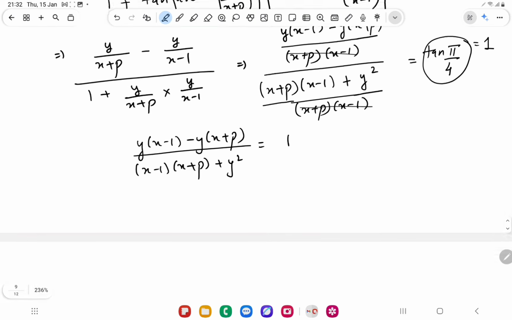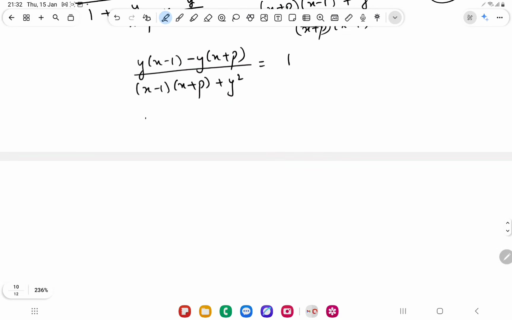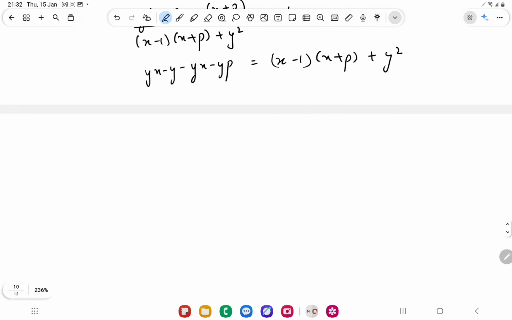Now I will bring the denominator to the other side and I can simplify this: minus y minus yp, that is equal to x minus 1 into x plus p plus y square. Now these two will get cancelled out and I can write minus y minus yp. I will open these brackets: x square plus xp minus x minus p plus y square.